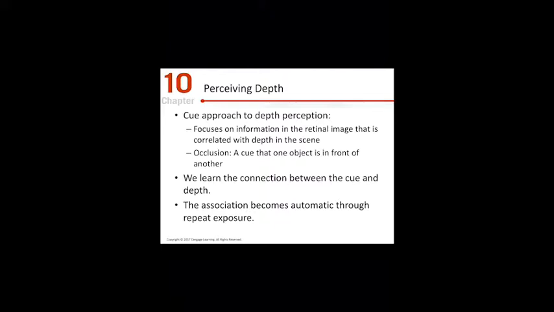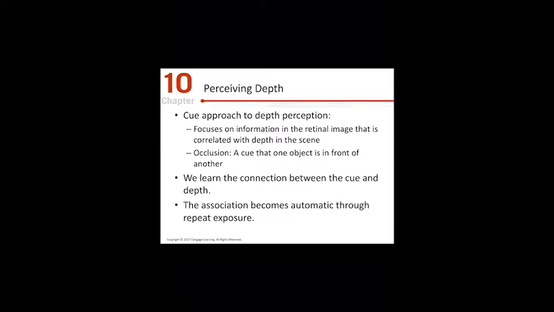That's a cue that we use called occlusion that tells us that there's depth. So if there's a partially occluded object, we know, okay, whatever is occluding it must be in front, and whatever is being occluded is in the back, and that gives us depth.